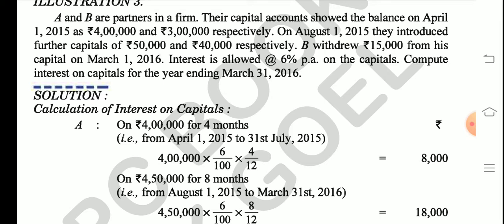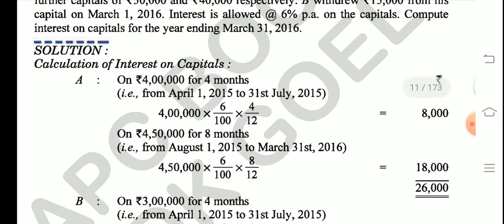So the next is going to be for 7 months, and the one that changes on 1st March is going to be 1 by 12. So similarly, you will calculate as per this, and the rate mentioned to you is 6% per annum.